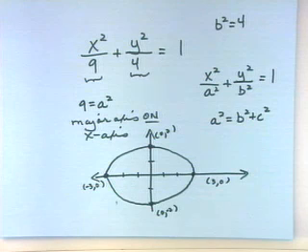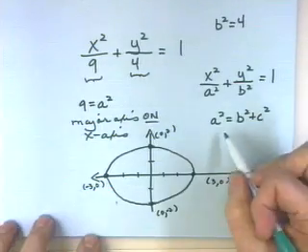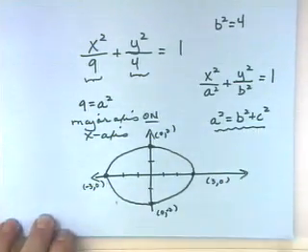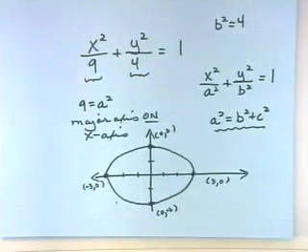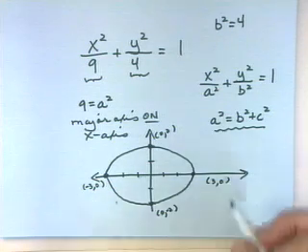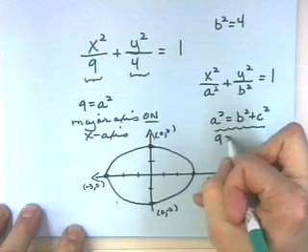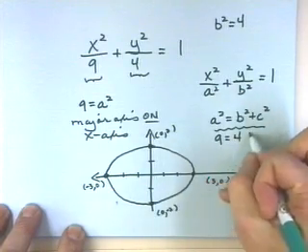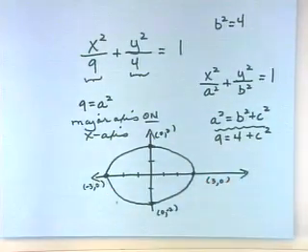Let's go ahead and identify the foci also. So we can figure them out from this identity. Is it c, the distance from center to focus, right? So we know that a squared is 9, b squared is 4, so c squared is 5. Don't expect them to all be pretty. So c is the square root of 5.